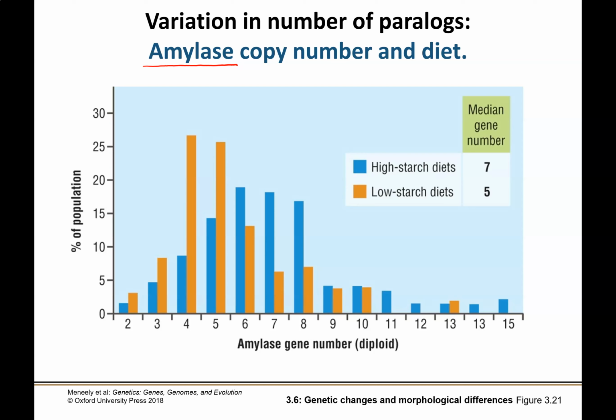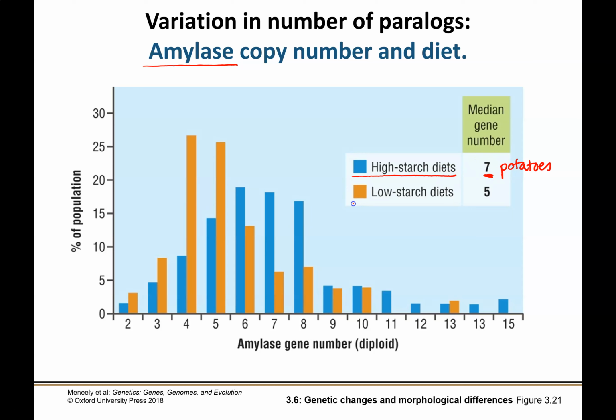ancestral populations that have come from regions where there are high starch foods such as potatoes or other high starch crops have individuals that tend to have more copies of the amylase gene.